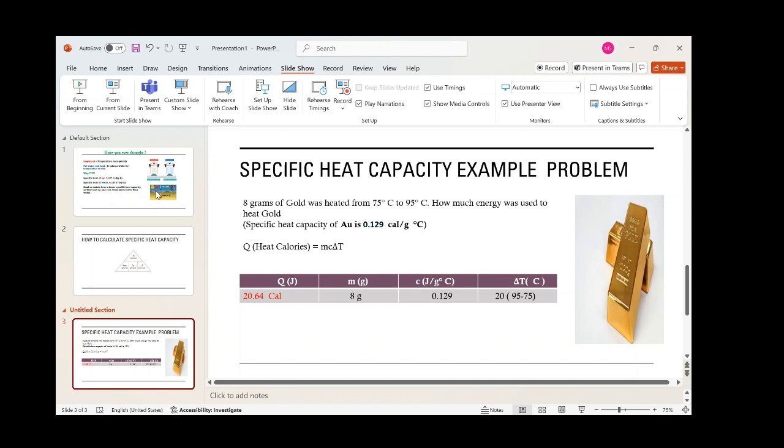So m is 8 grams, 0.109 is specific heat, and delta T, which is final minus initial, is 95 minus 75, which is 20. Then I multiply 8 times 0.109 times 20, and your answer is 17.44 calories.